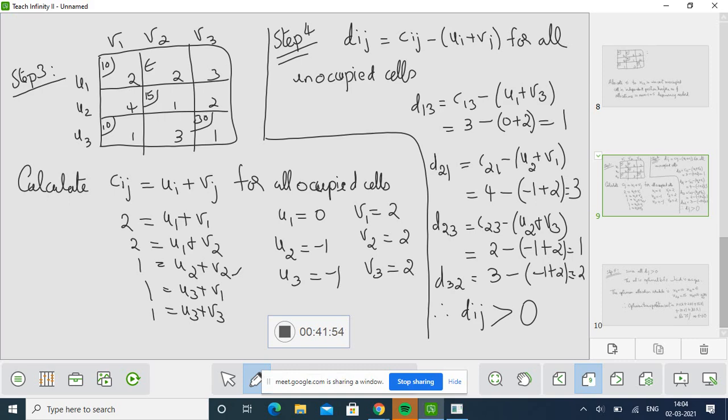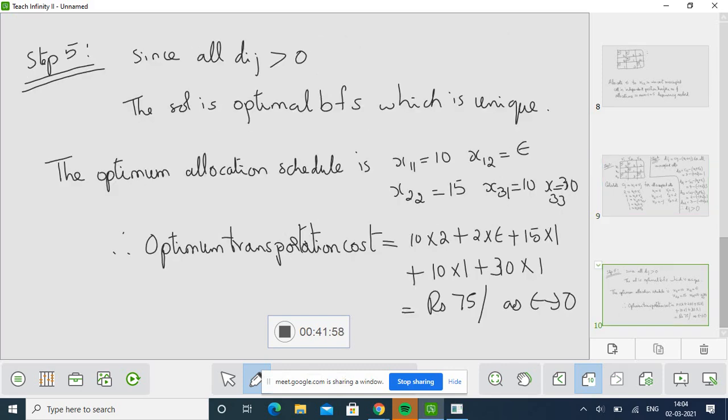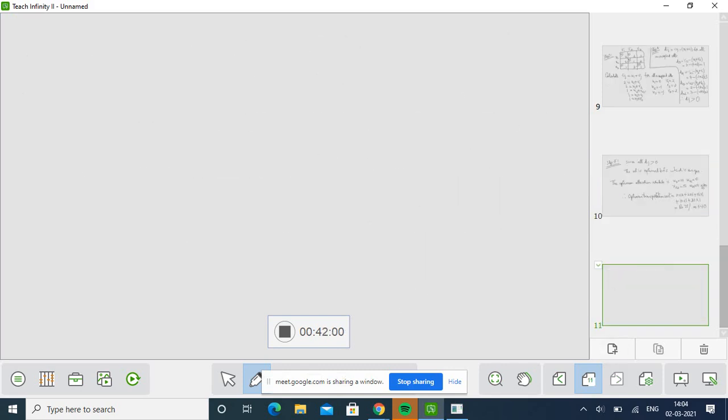The given transportation problem is unbalanced if summation ai is not equal to summation bj.